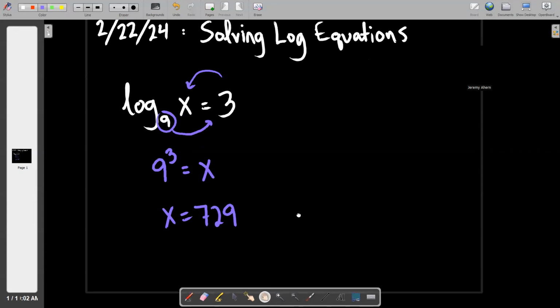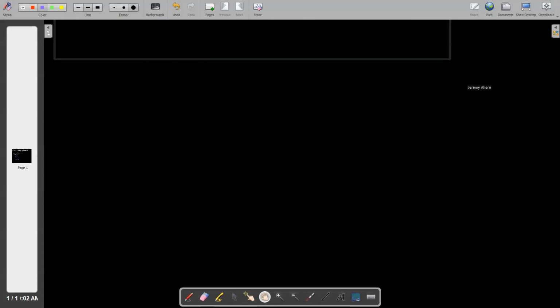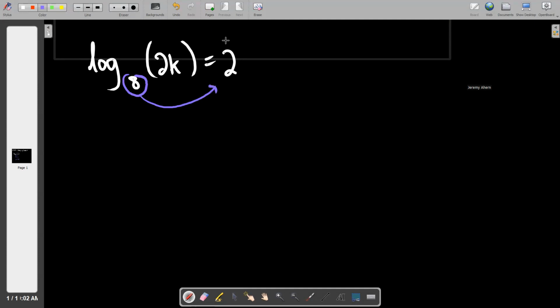All right. From here, they'll get slightly more complex, but it should be a pretty chill thing today. Our second one, we're going to do log base 8 of 2k equals 2. I'm trying to scaffold these upwards so that by the time we get to the ones that take 2, 3, 4 steps, we don't feel the burn. It's easy peasy. So hit it with the water cycle, and that means this to the power of this equals this.